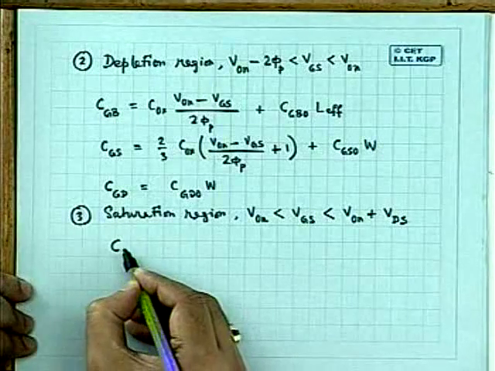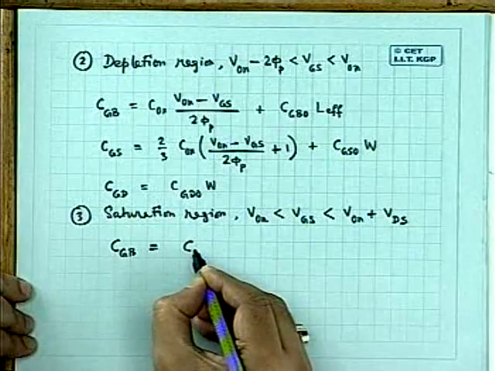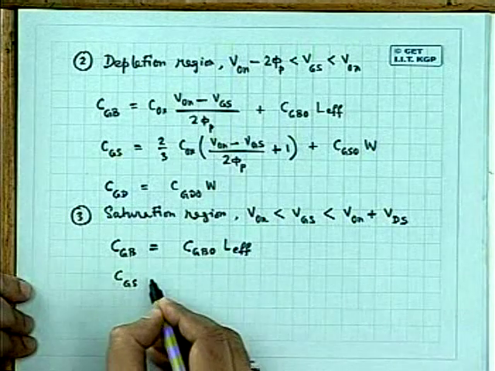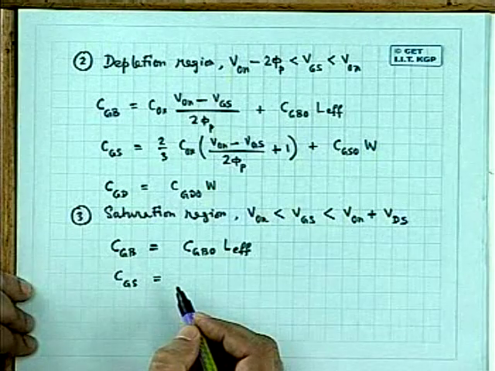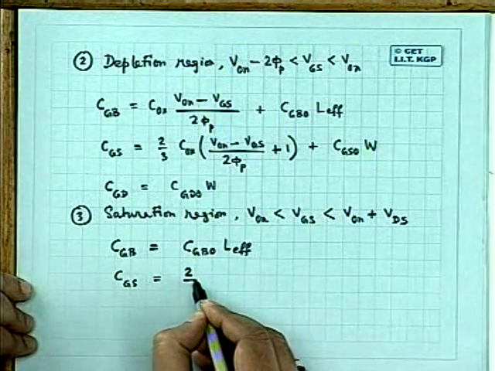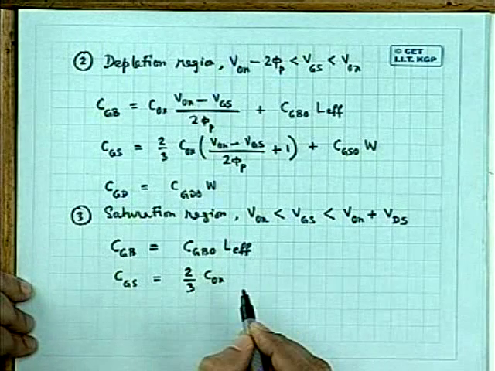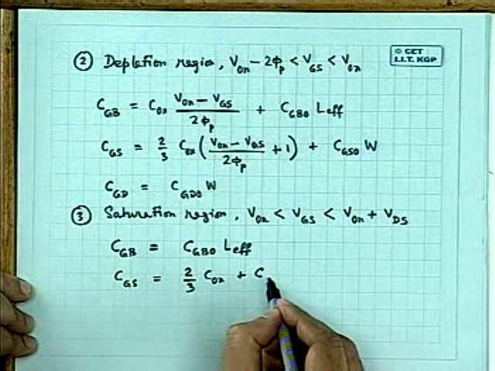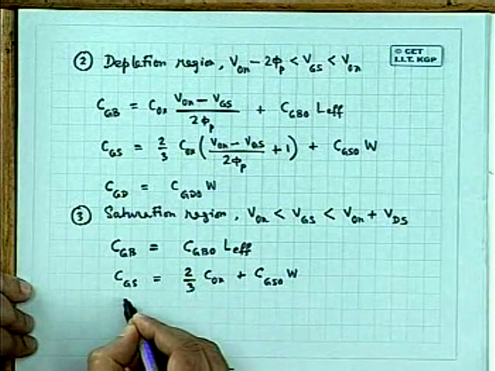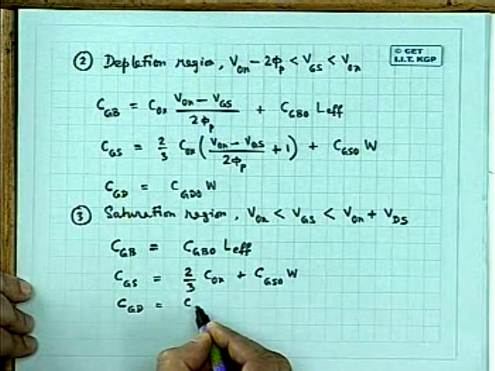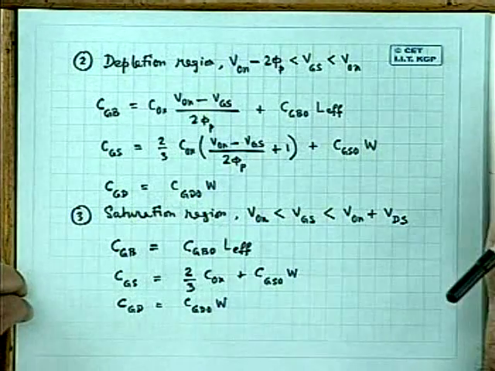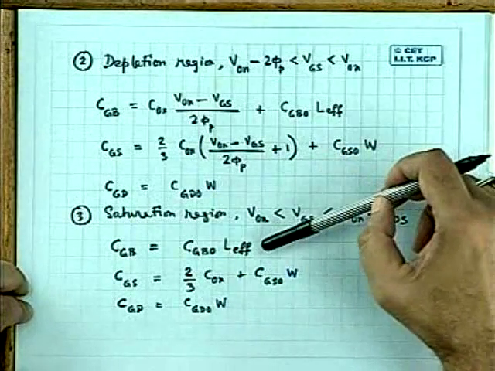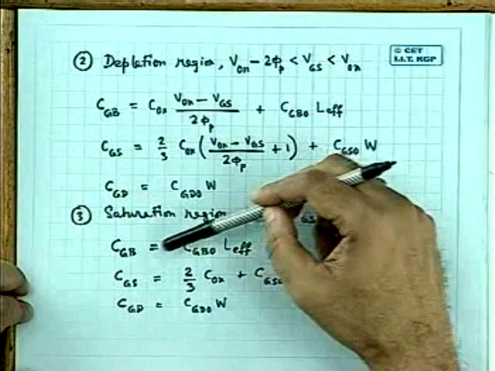Under this case CGB is approximated as CGB is equal to CGBO, but the COX term is practically not there. What can be the significance of this?